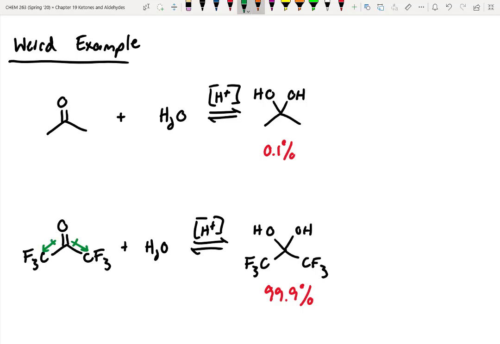So they're pulling electron density away from that central carbon, which means that this is more electrophilic due to induction. Those fluorines are pulling the electron density through multiple sigma bonds away from that central carbonyl carbon. So it makes it more electrophilic than, let's say, acetone, the example shown above.